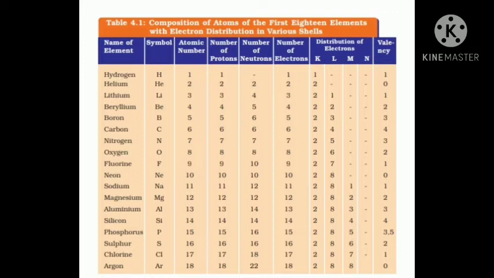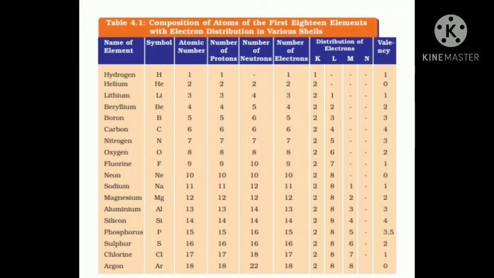1 is the valency. Chlorine, Cl symbol, 17 atomic number. Number of protons and electrons are 17. Number of neutrons are 18. Distribution of electrons 2, 8, 7. Valency 8 minus 7 equal to 1. Argon, Ar symbol, 18 atomic number.